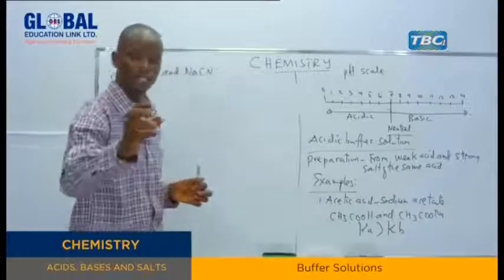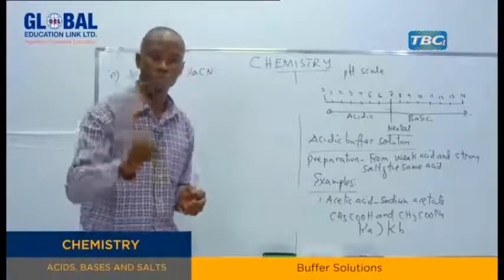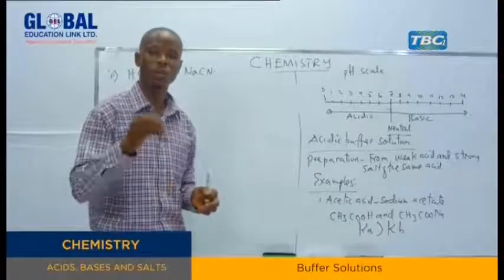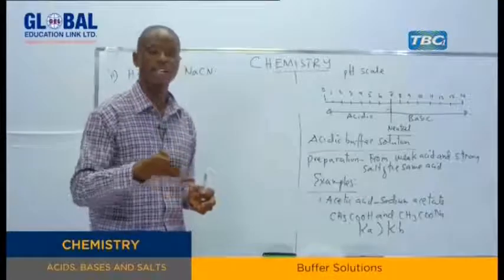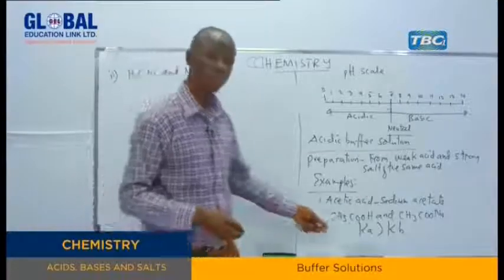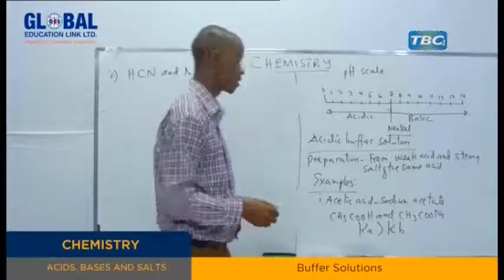Now, my dear student, the question comes, how does the acidic buffer solution work? Or in other words, we talk about the mechanism of acidic buffer solution. Let us consider this buffer system, which consists of acetic acid and sodium acetate.